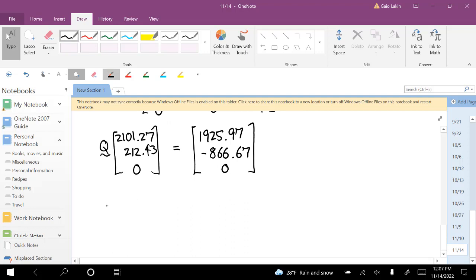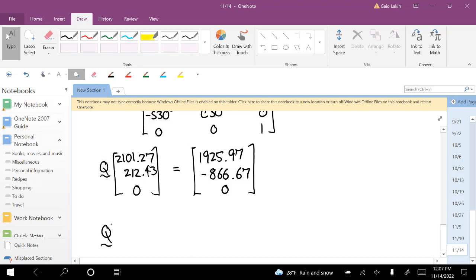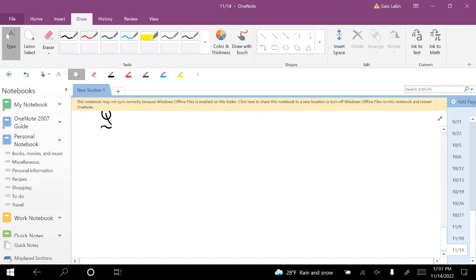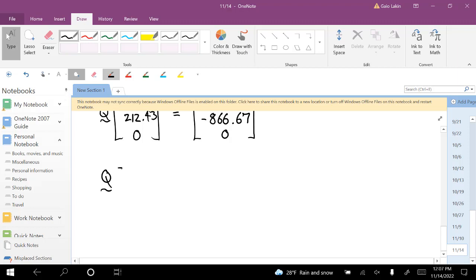And then now we're going to multiply that Q matrix times that second point force, which is negative 2101.27, positive 1376.17, 0 for z.